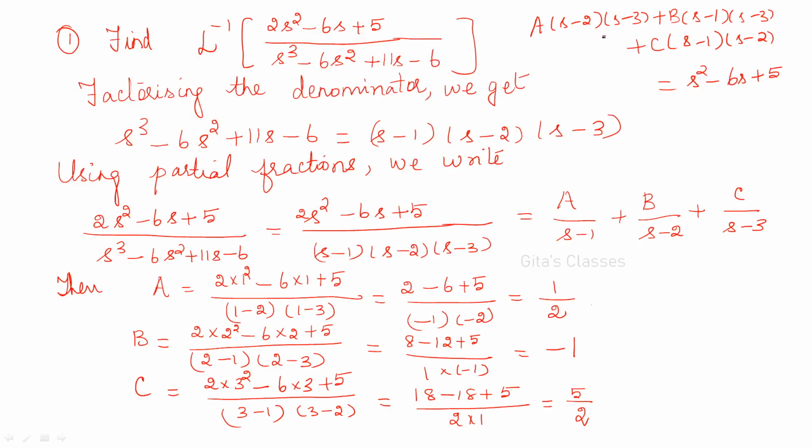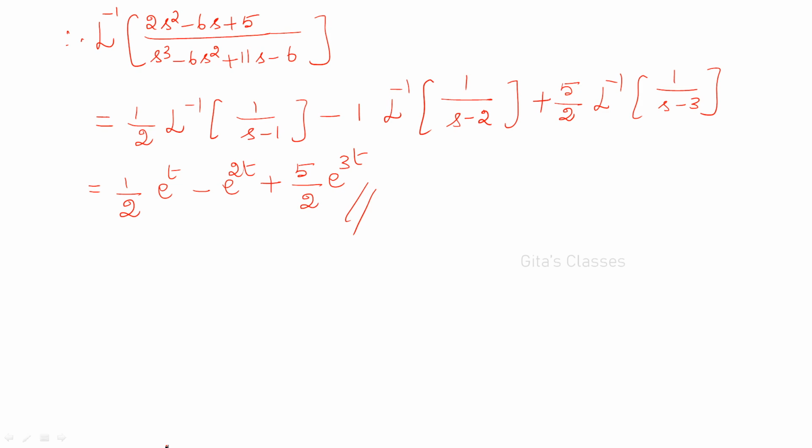Then you can expand this and equate the corresponding coefficients to find the values of A, B, C. Or you can directly find the values by substituting s = 1, s = 2 and s = 3. We will get A, B and C. After finding that, it will be easy.